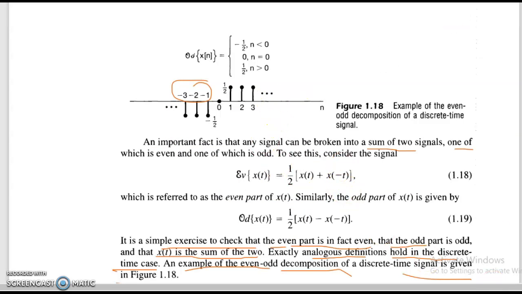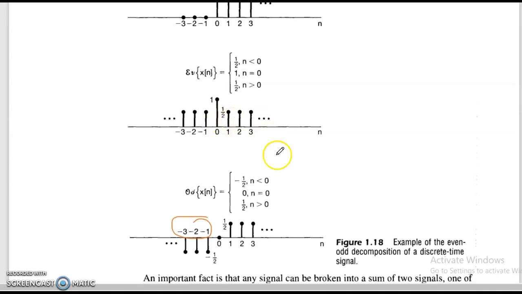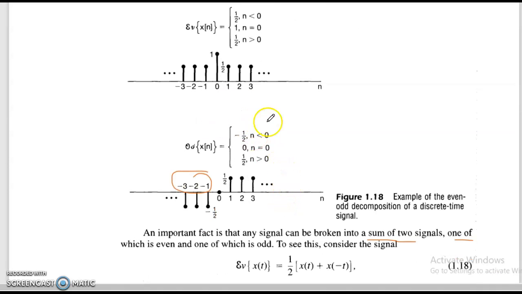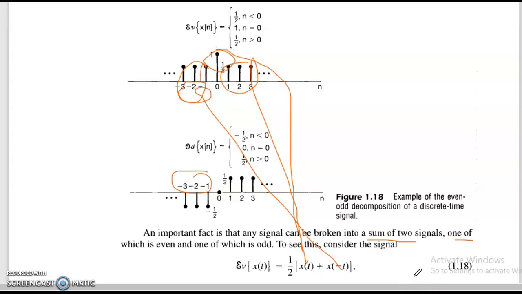Here, in the even signal, 1 by 2 of x of t, then x of minus t, this is t only with a minus.